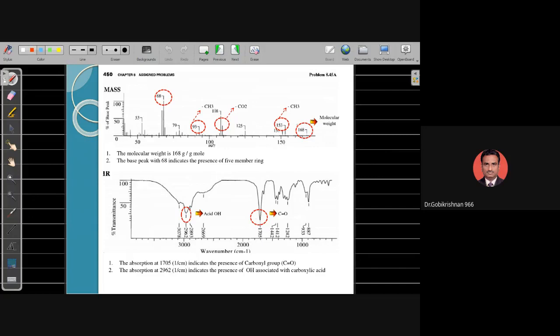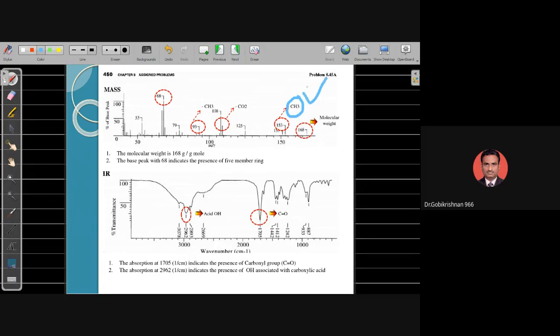The difference between these two peaks is 15. That means one CH3 group is removed. The carbon atomic weight is 12 and the three hydrogens add 3. That means the CH3 group has mass 15. Therefore, one CH3 is removed here.